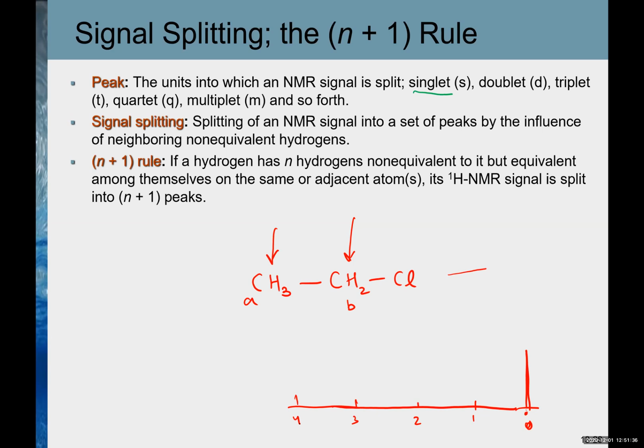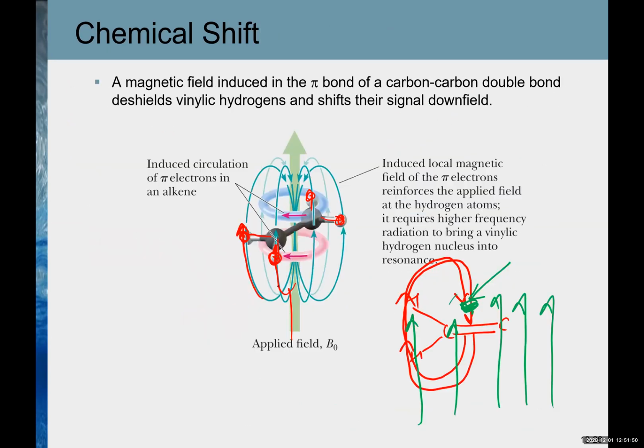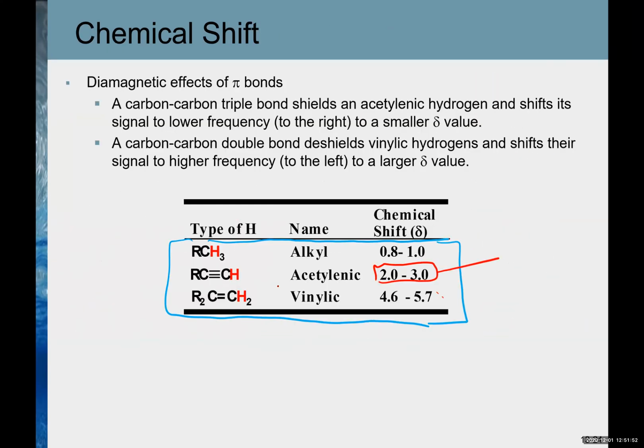So what kind of protons are these? Connected to carbon, is the carbon sp3, sp2, or sp? sp3. And alkyl groups connected to sp3, where do they appear normally? 0.8 to 1. Around 1, right?